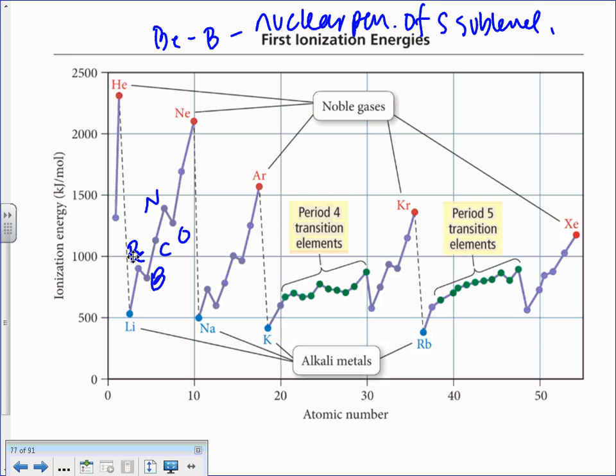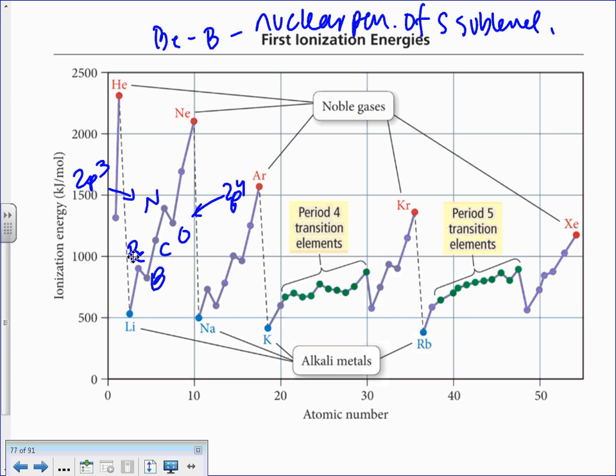It has a 4th electron in the p sublevel, which creates electron-electron repulsion, making it easier to remove, versus nitrogen, which ends at 2p3, and oxygen ending at 2p4. The 2p3 configuration has no electron repulsion, so it follows the general trend where it increases in energy from carbon to nitrogen. So a half-filled sublevel is technically more stable than a 4th electron in a sublevel.